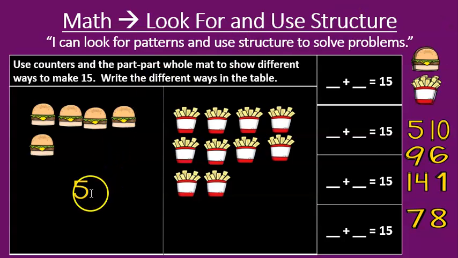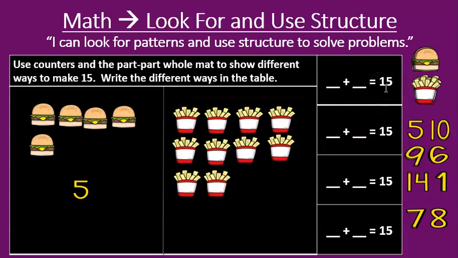We started at 5. We got to 15. Let's count it again. Here we go. 5, 6, 7, 8, 9, 10, 11, 12, 13, 14, 15. Okay, so now we have enough French fries to make up 15.